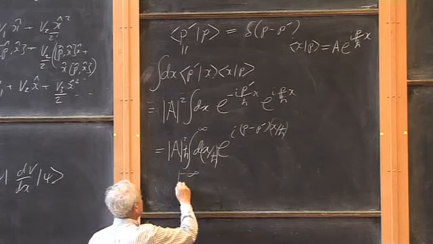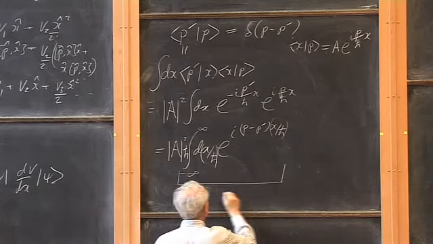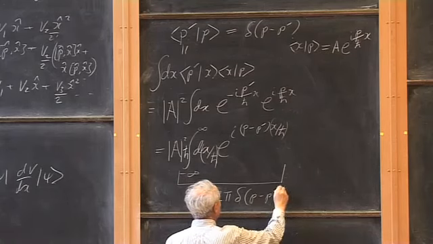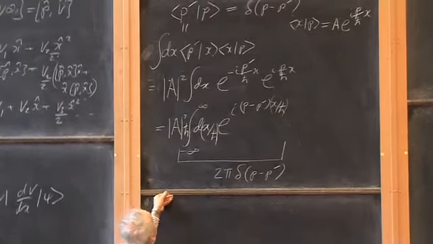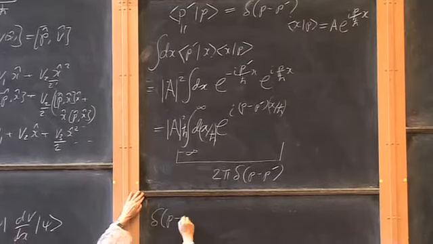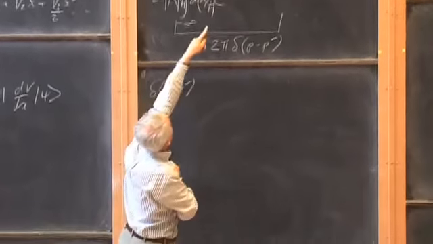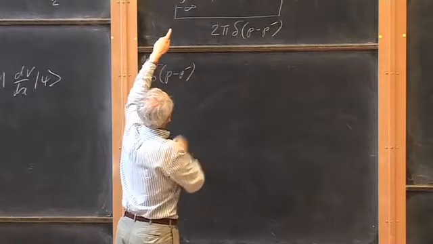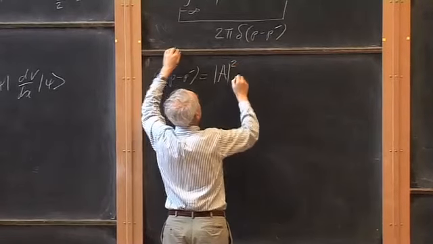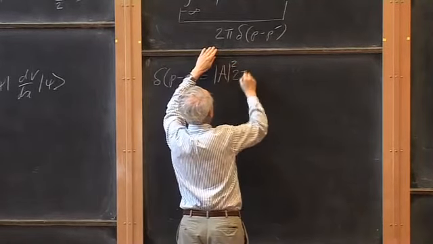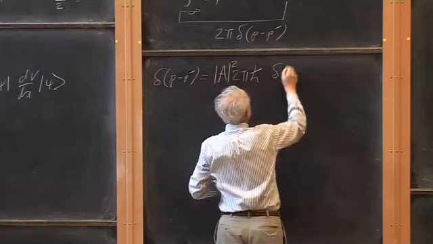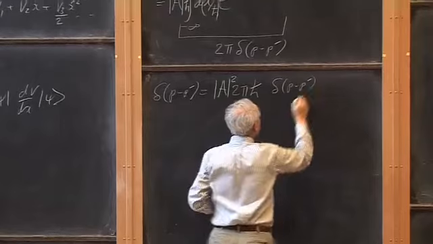From Fourier analysis, we know that this integral is 2π times delta of p minus p'. So what we're concluding, going right back up to the top, is that that original delta of p minus p' is equal through these integrals to |a|^2 times 2πħ delta of p minus p'.